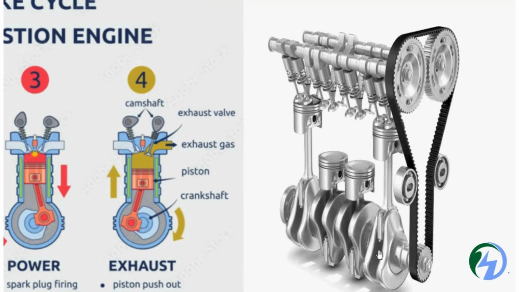Here we have four cylinders, one, two, three, and they are activated alternately, one after the other. This camshaft is interconnected with the cam intake and outtake, and the crankshaft is the one which rotates the pistons.